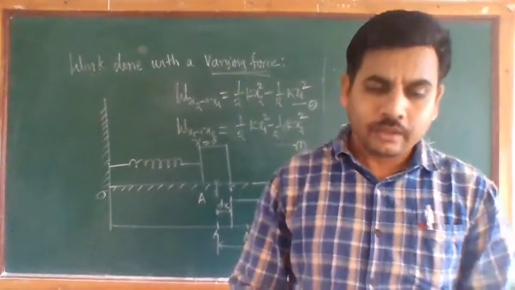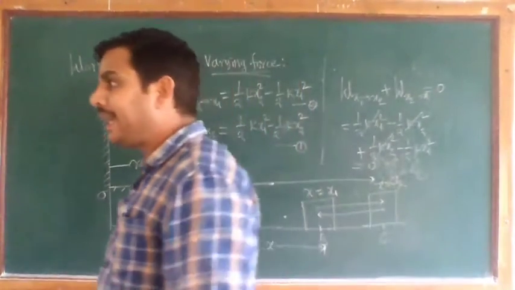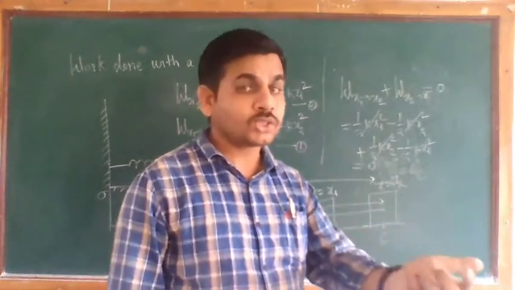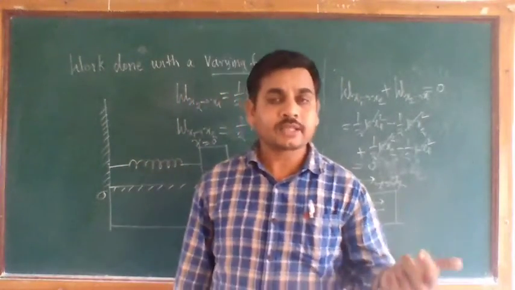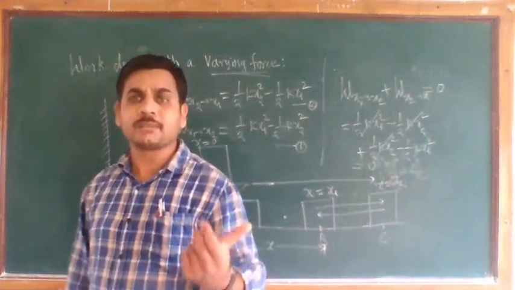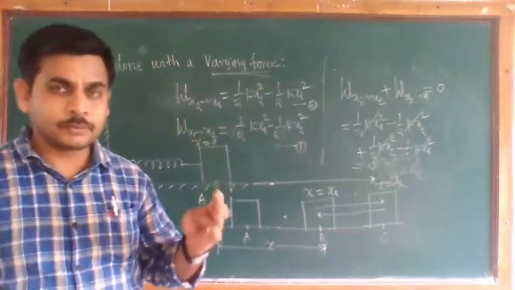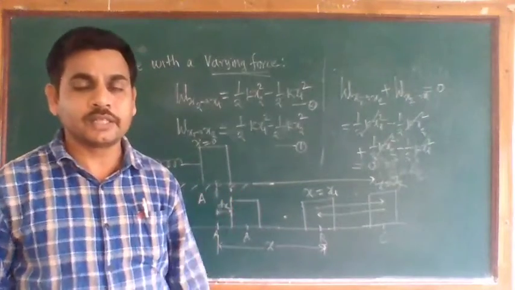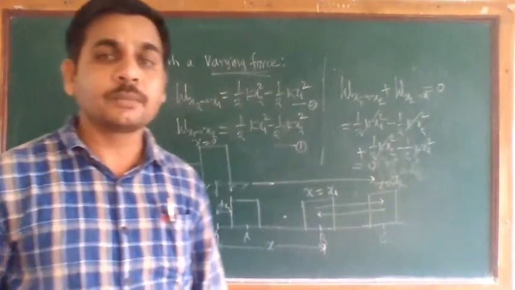Now here also, just like the previous case of the constant force, where we solved some cases, checking if the force and displacement are in the same direction or perpendicular, here also there are some cases.